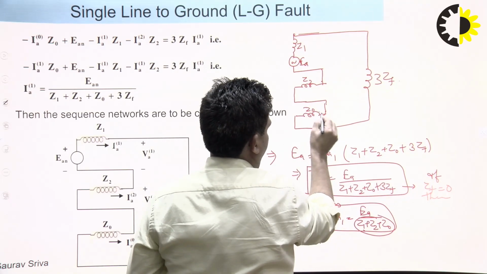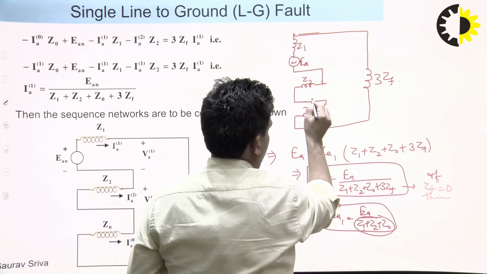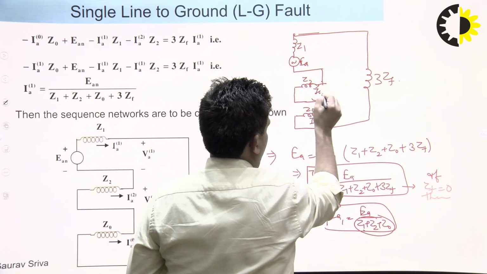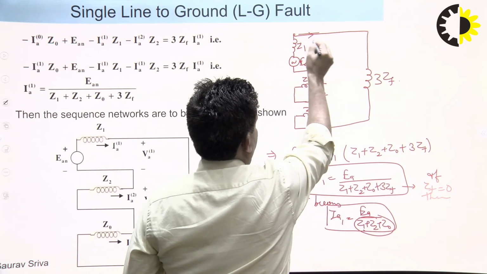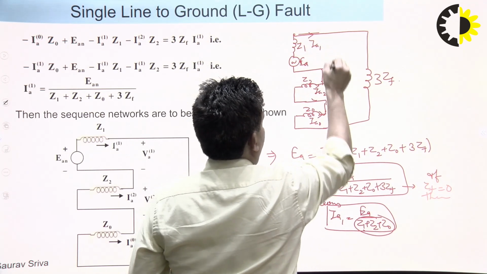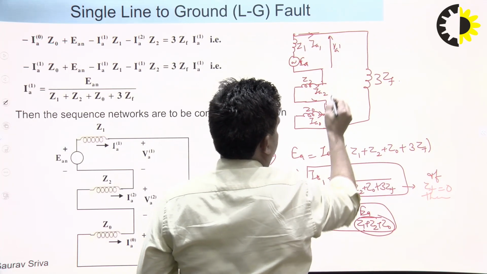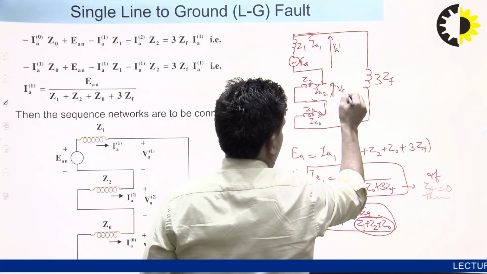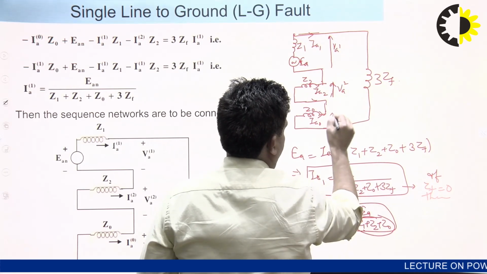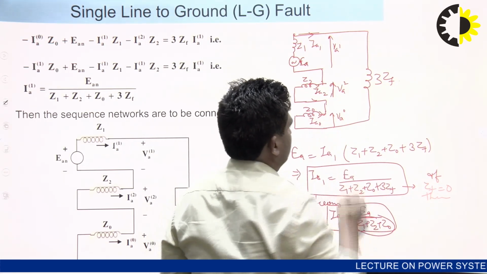So here the currents are IA0, IA2, IA1, and the voltages are VA1, VA2, and VA0.